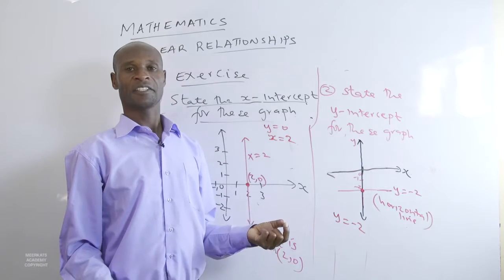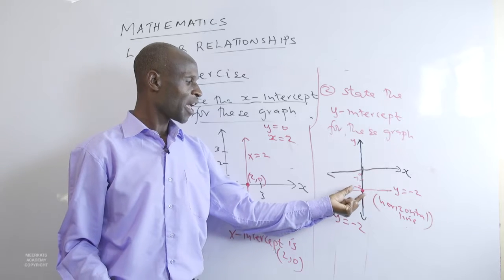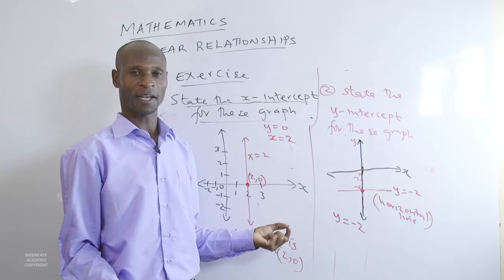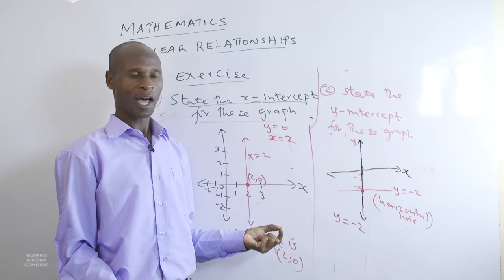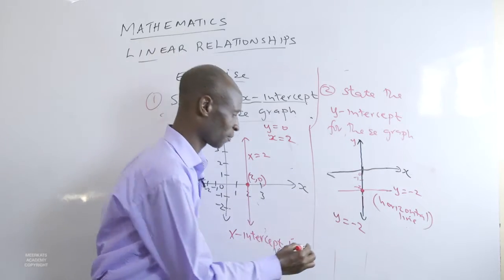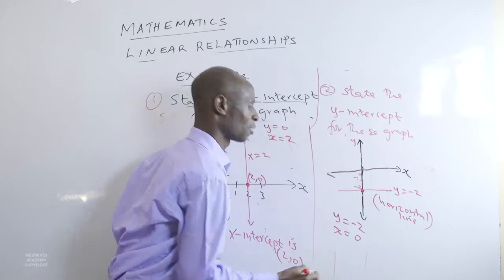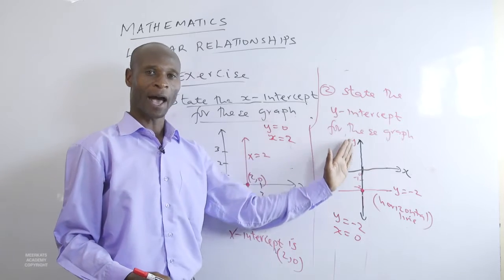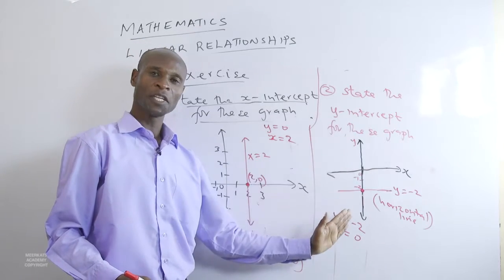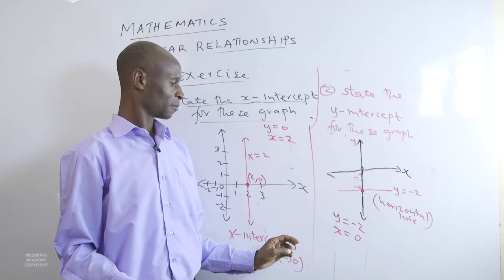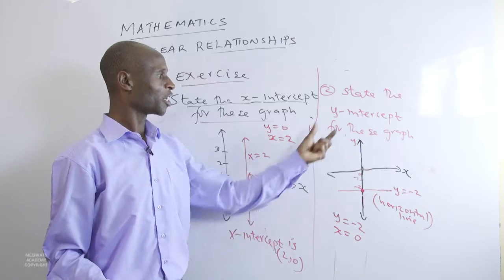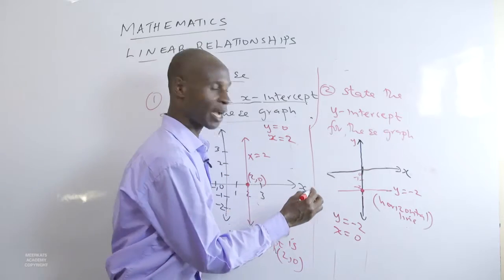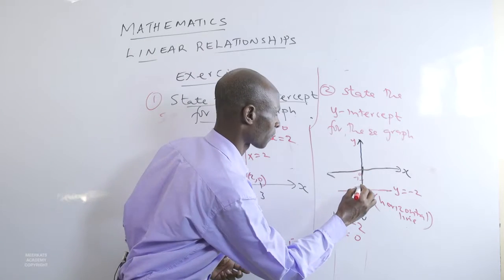We therefore need to establish the x-coordinate at that point. And it is very clear that the x-coordinate at that point is 0. Why? Because along the y-axis, all the x-coordinates are 0. Therefore, we shall give our point, that's the y-intercept, as now a point. We can write it as follows.